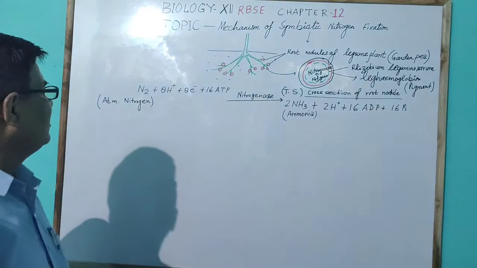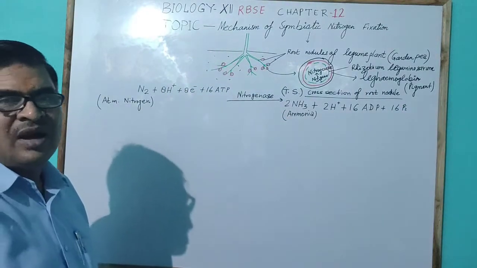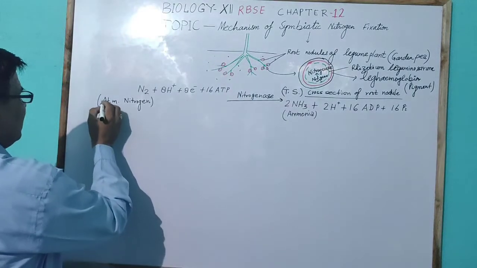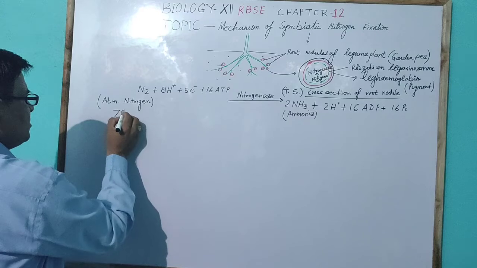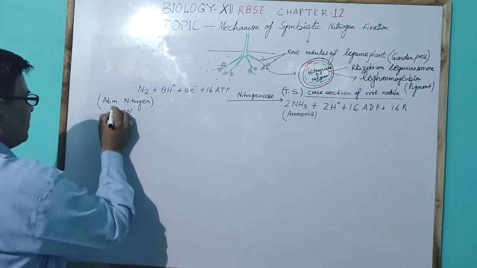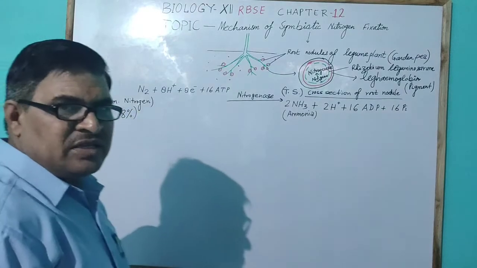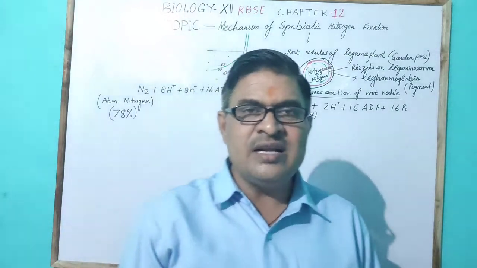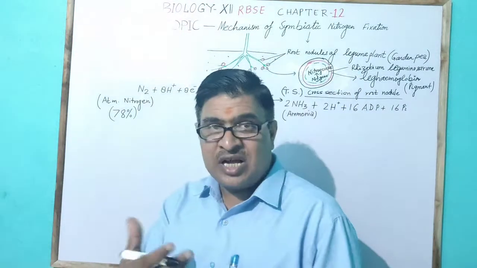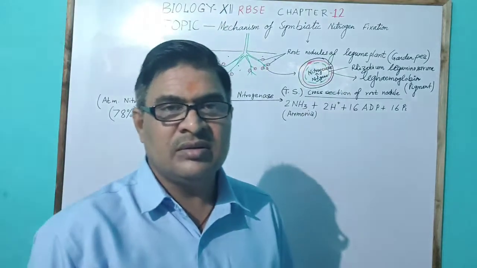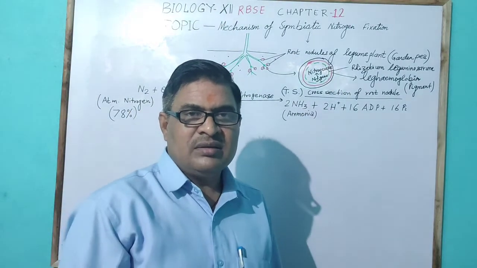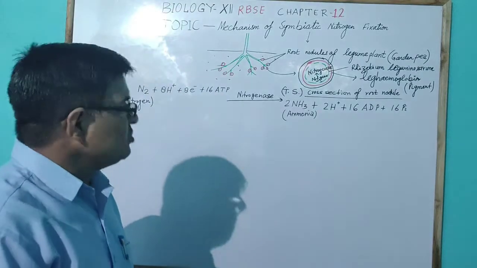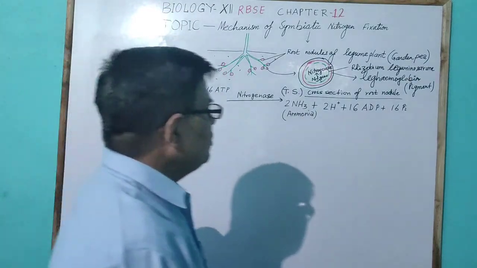It means the conversion of atmospheric nitrogen, which is 78%, by reduction of nitrogen produces ammonia.